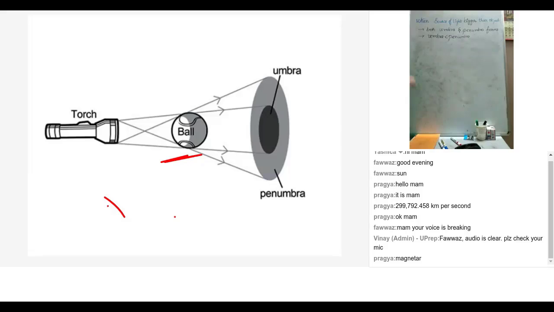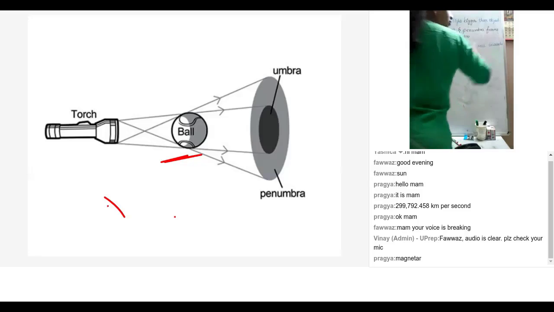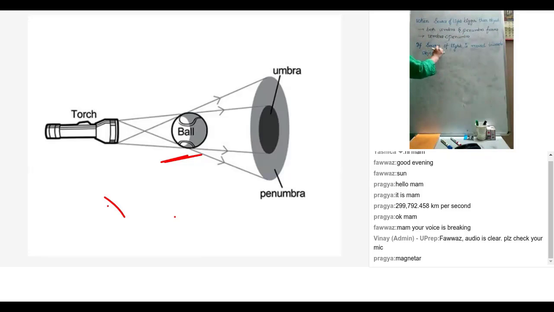Now, if source of light is moved towards the object, what happens?